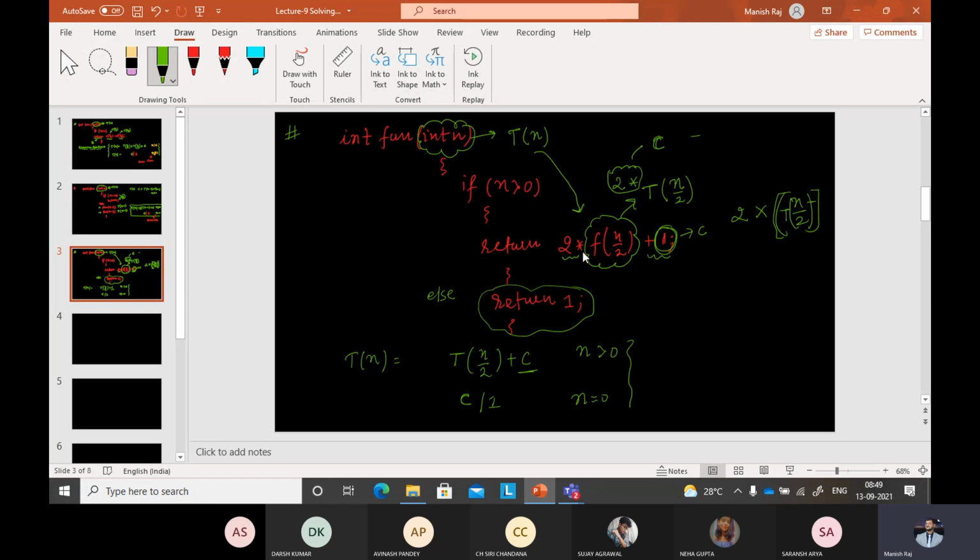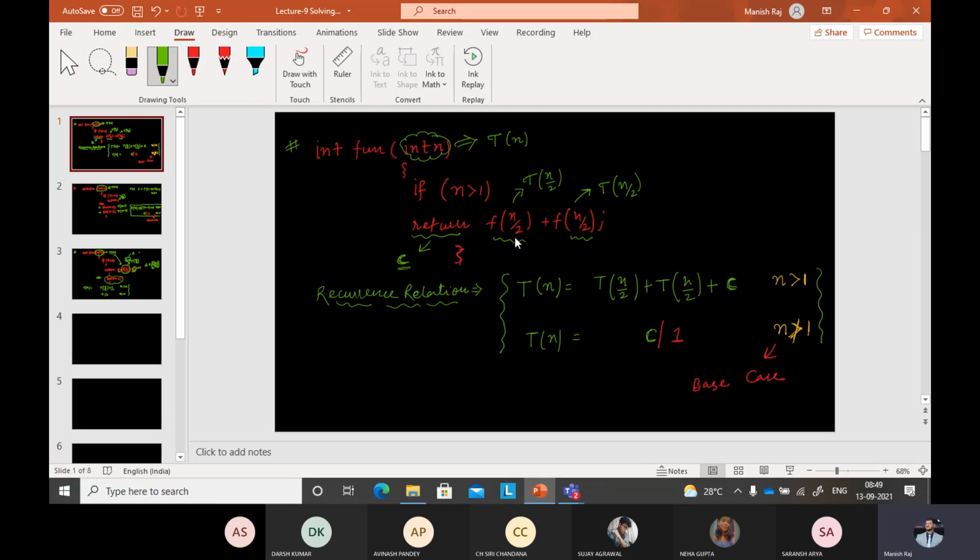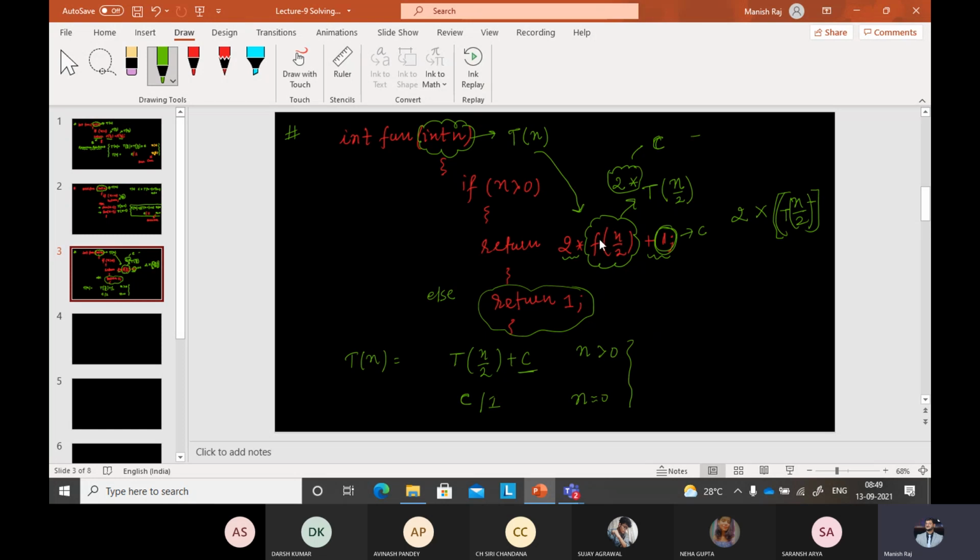In the multiplication case you will not write the multiplication thing. Here problem is divided into two parts, n by 2, n by 2. In this, problem is divided into two parts, it is multiplying just 2. Okay, so it will take the constant time, so it will be remembered by you.